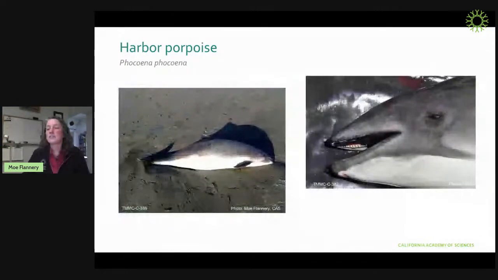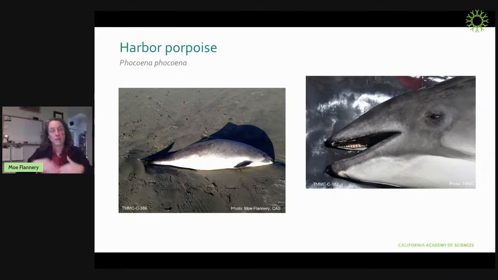They have counter shading, which means they're lighter on the bottom and darker on the dorsal side. So their ventral side is light and their dorsal side is dark. A lot of species have counter shading. In fin whales, the dorsal side is dark and the ventral side is light. In penguins, if they're swimming, their backs are dark and their stomachs are light.